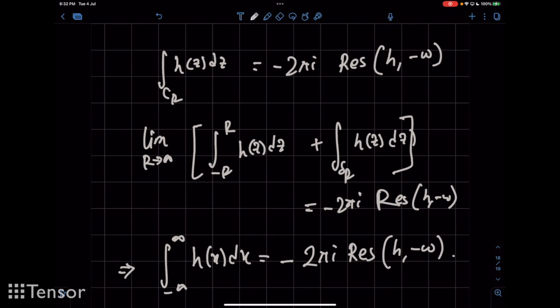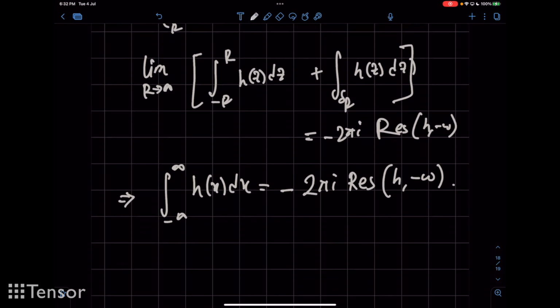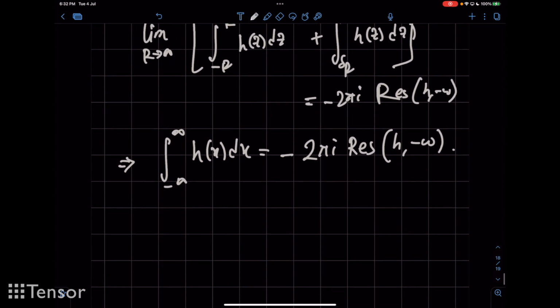Now we need to find the residue. Here the point of singularity is a pole of order k. Do we know the formula for evaluating the residue for such higher-order poles? Yeah, I have it written down right here. You have to differentiate k minus 1 times.